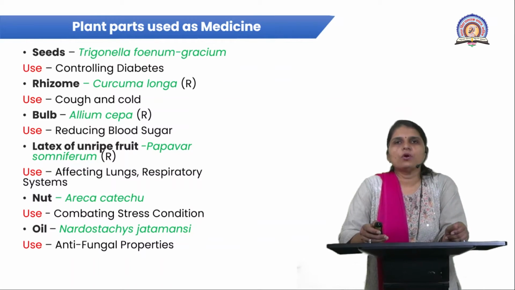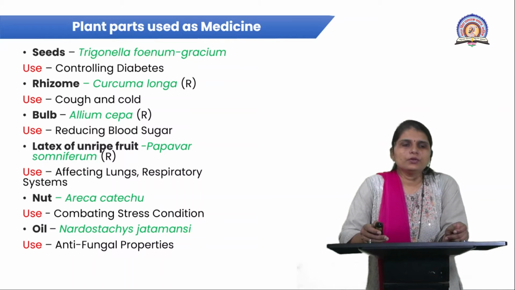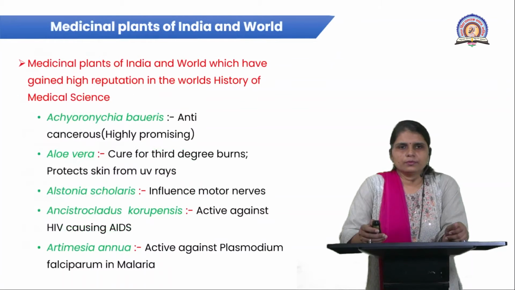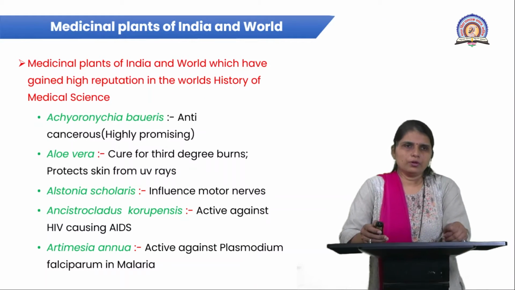Then next one is the oil of Nardostachys jatamansi. This is used as medicine; this plant has antifungal properties. These are some examples of medicinal plants used as medicine.